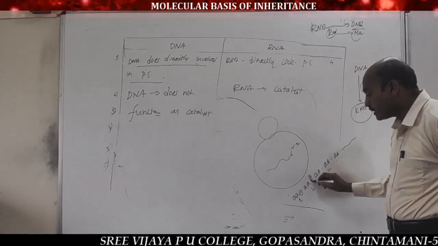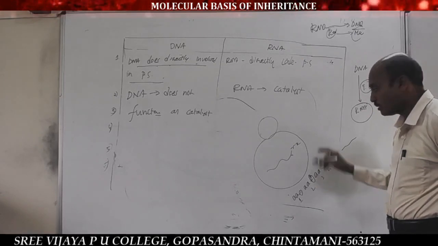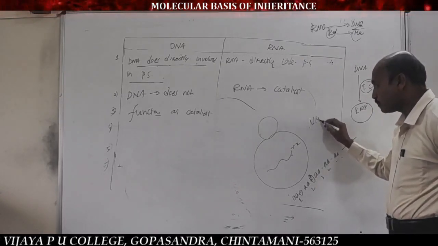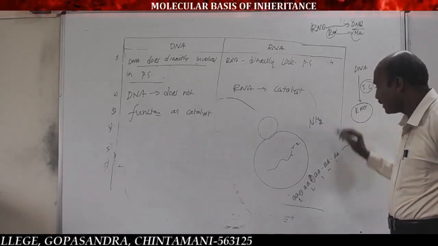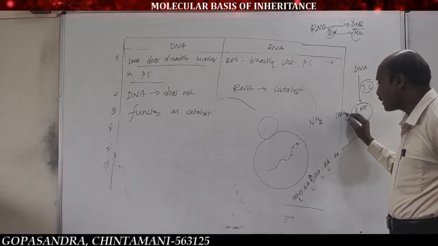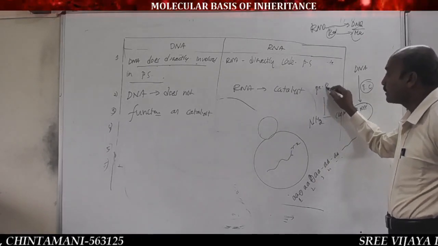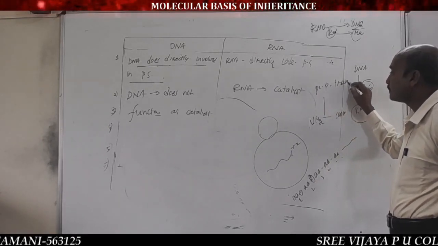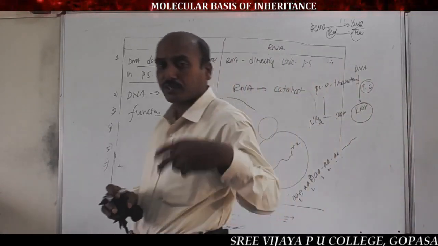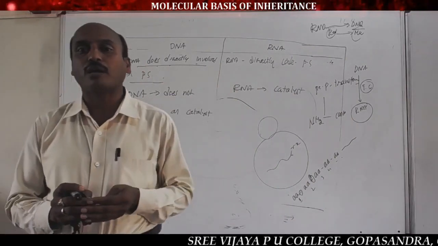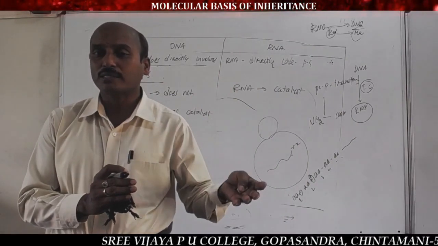Here, the formation of a peptide bond, important, is between the amine group of one amino acid and the carboxyl group of another amino acid by the help of the peptidyl transferase enzyme. The peptidyl transferase enzyme is responsible for formation of a peptide bond between amino acids.